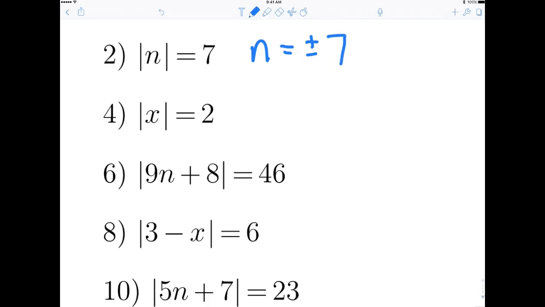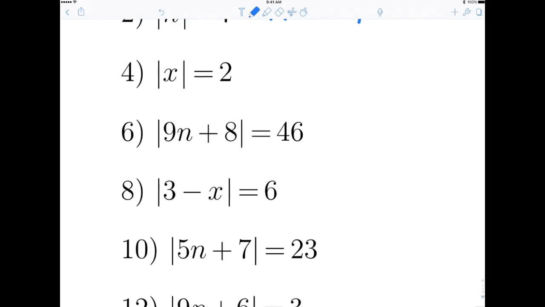Anybody have any questions with that? Now, because we're brilliant, we can tell me the answer to number 4. You are amazing. X is equal to plus or minus 2.